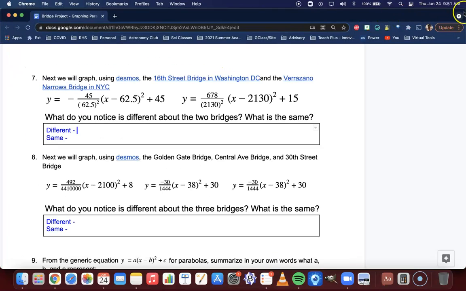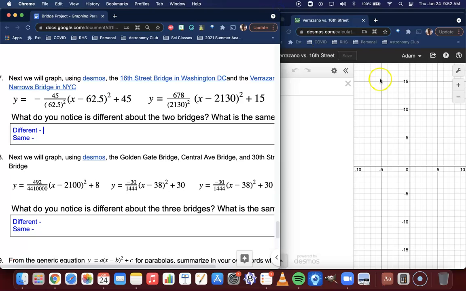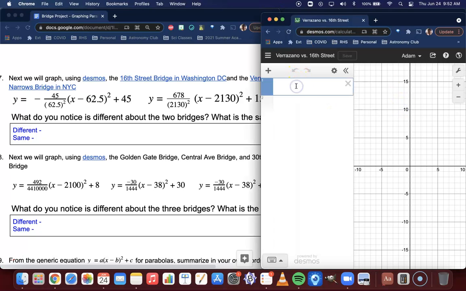So again, what I want you to do is to have Desmos open. I want you to do this on your end of things. And I'd like you to plot these together. Again, I want to just quickly show you one, and then I'll pause and show the rest. So this will be the 16th Street Bridge. So this one will be y equals negative, that's important, 45, and then I'm putting the divide button to give me a fraction bar, divided by 62.5, all of that is squared.